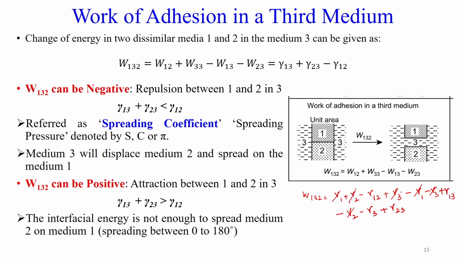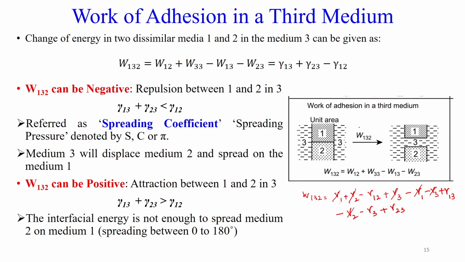So, we are left with gamma 23 plus gamma 13 minus, let us recheck again, W12 is gamma 1 plus gamma 2 minus gamma 12, W33 will simply be gamma 3, W13 is gamma 1 minus gamma 3, W23 is gamma 2 plus gamma 3 minus gamma 23.